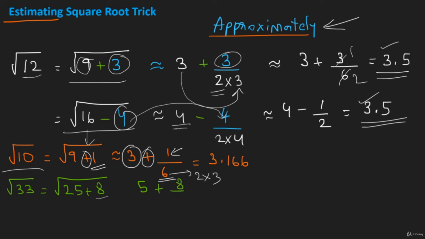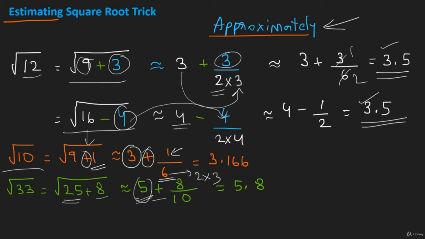That's 5 plus 8 by 10, right? This 5 over here is because if you take the root of 25 you get 5. You have a plus over here, that's why you have a plus over here. You have 8 over here, that's why you have 8 over here. And you divide 8 with 2 times the 5 that you got over here. Now this is equal to 5.8. So you can check in your calculator also. The square root of 33 is approximately 5.8.